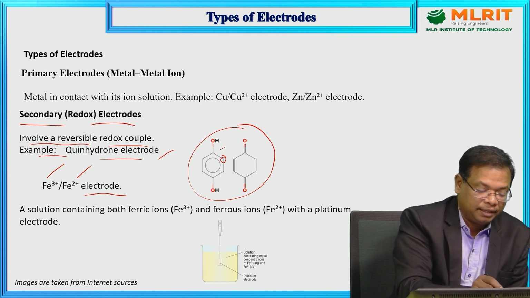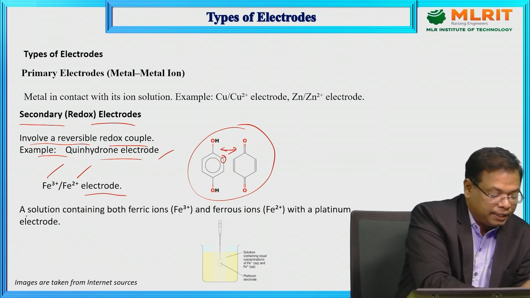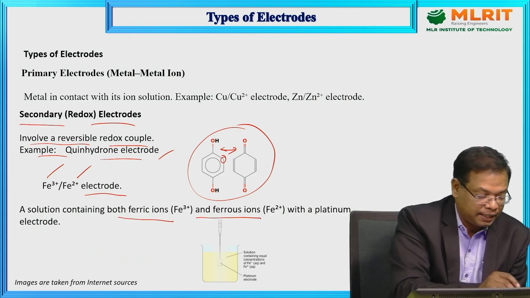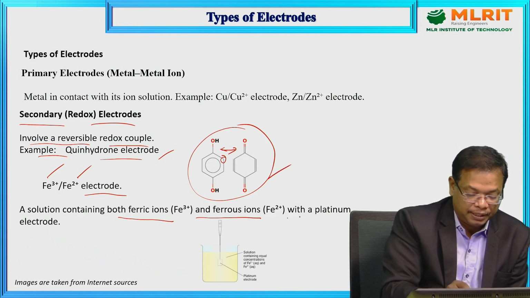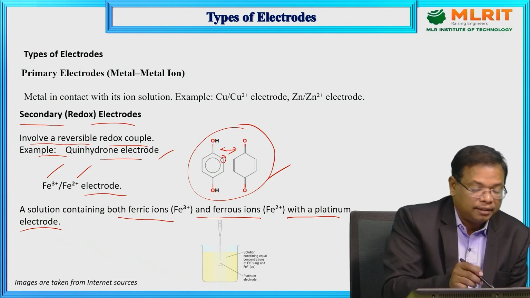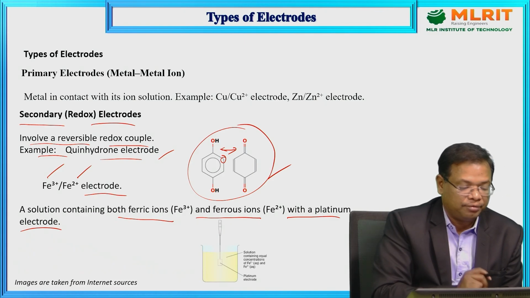Here it will be interchanged like this. A solution containing both ferric ions and ferrous ions, due to the presence of this quinhydron with a platinum electrode. Depending upon the taken electrolyte, the secondary electrodes will be formed.